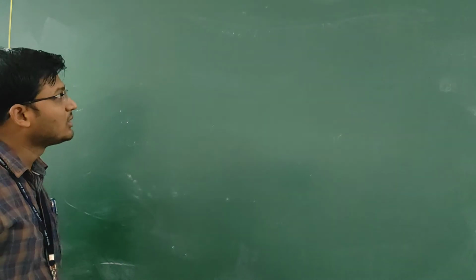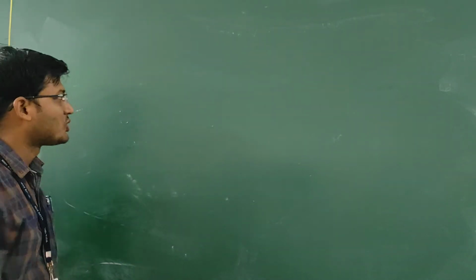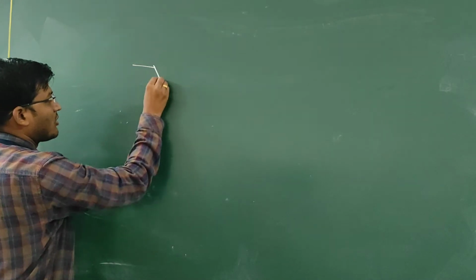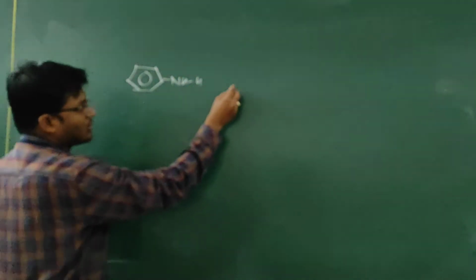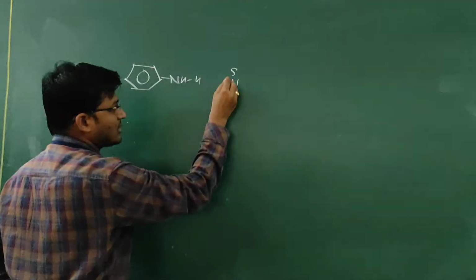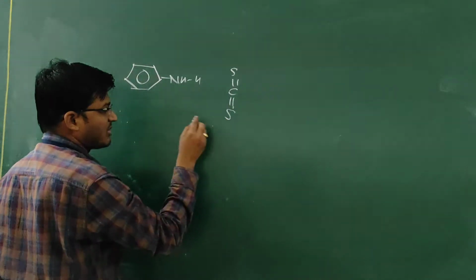When the amine, that is aniline, reacts with carbon disulfide in a 2:1 ratio, this is the structure of aniline, NH2, and C double bond S, C double bond S is carbon disulfide.